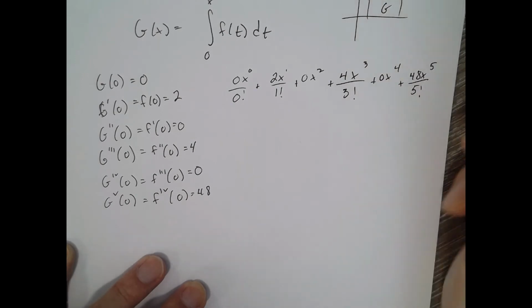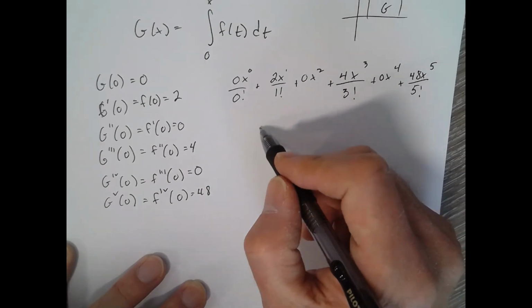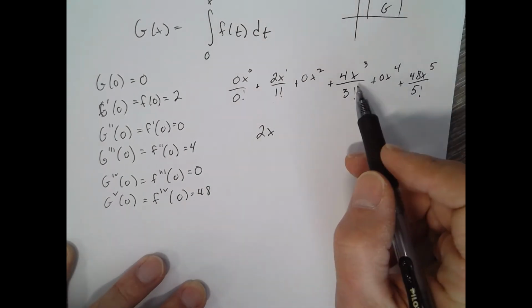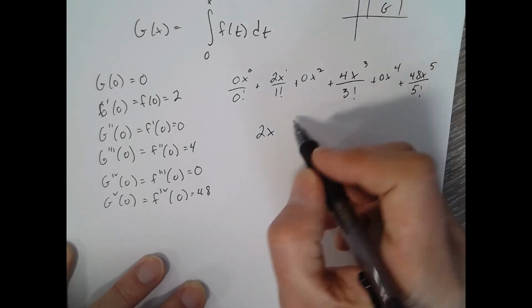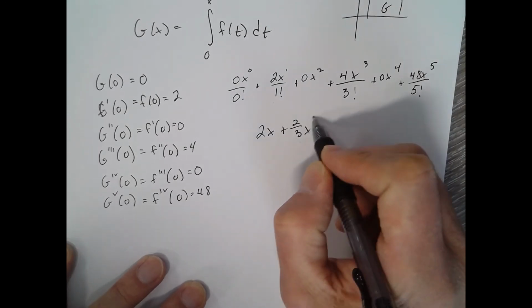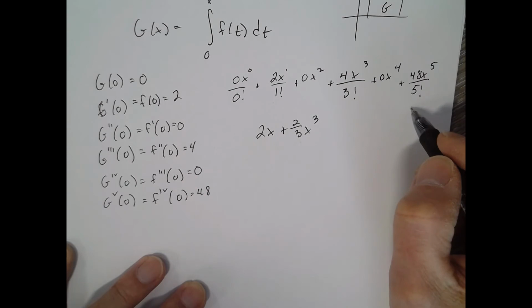Okay, so if I clean that up, I'm only going to have 3 terms again, but we'll call that good. So that's 2x, 4 over 6 is 2/3, plus 2/3 x cubed, and 48 over 120, so 24 over 60, 12 over 30, 6 over 15, 2 over 5.